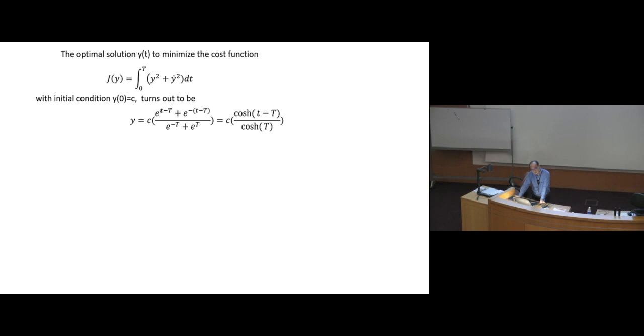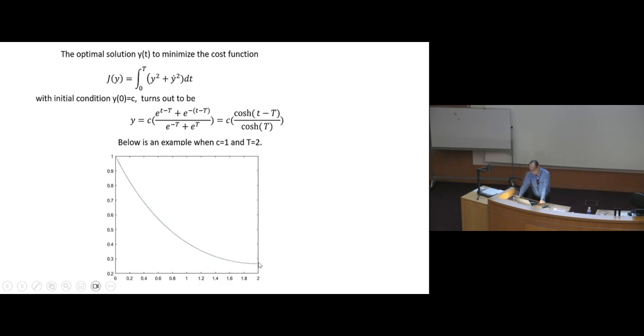So what does it look like? Here I just show a graph of one example. The initial condition is 1, and the final time T is 2. Interestingly, you can say it's kind of an exponential decay, right?